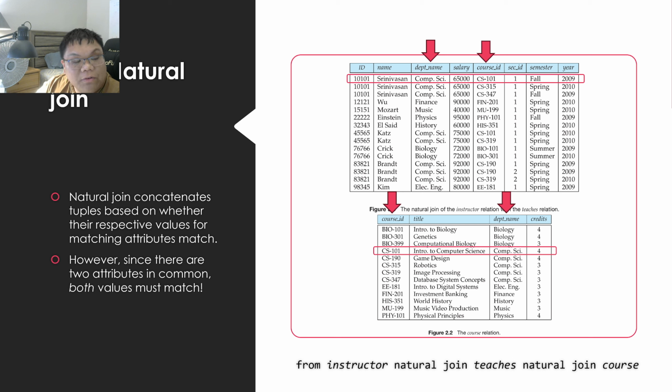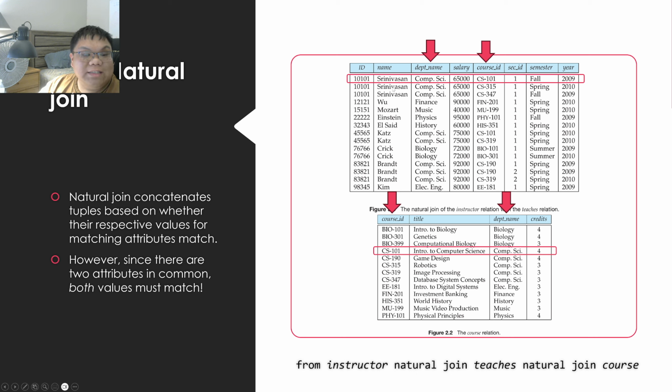But because there are two attributes in common, the values for both attributes must match. So, for these two highlighted rows, Sunil Vasan teaches a computer science class, that is CS101. Does it match this information here? CS101 computer science? Yes, they do. And then we repeat this process for all other rows.